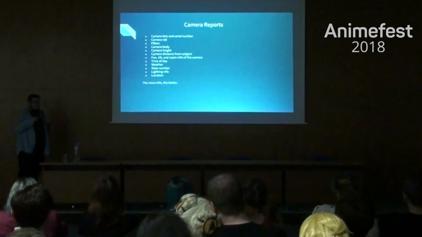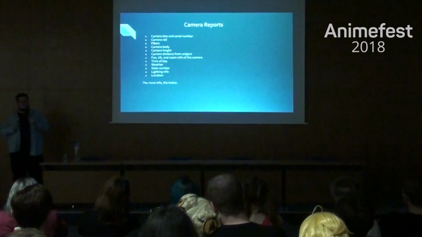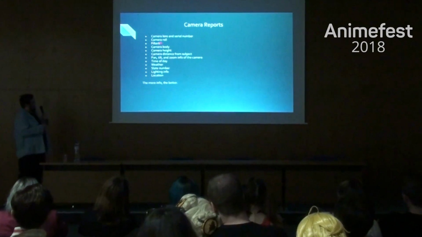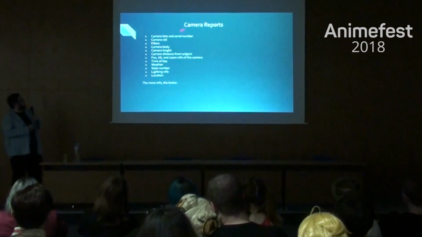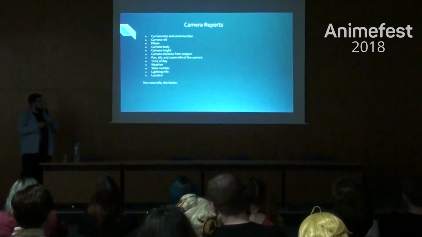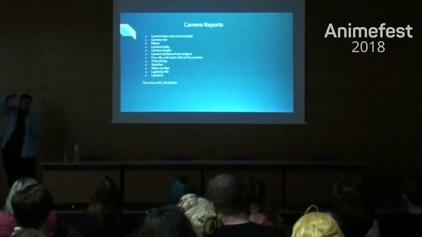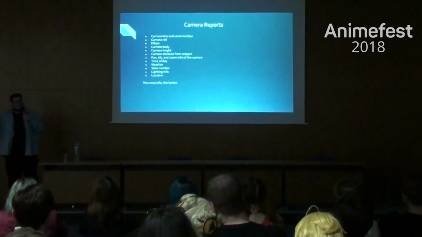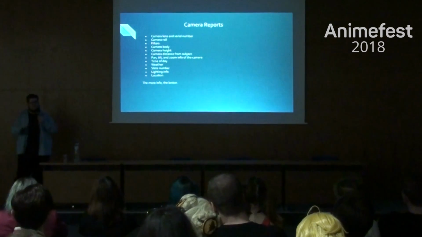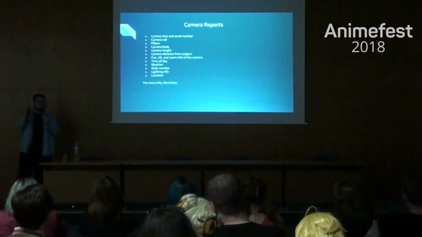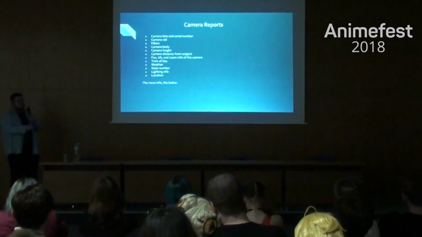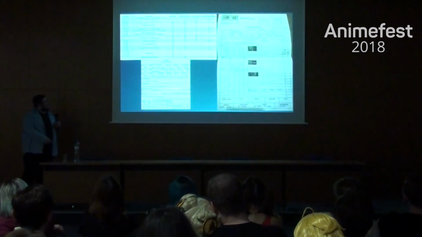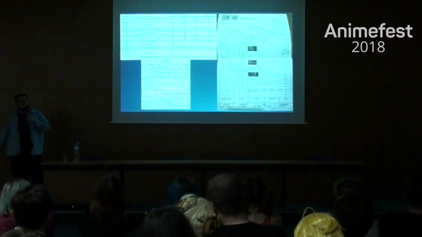For example, on the set you have a guy whose only job is to sit with a paper and write notes, like what camera lens was used, what kind of roll, what filter, what was the height of the camera, angle of the camera, weight of the camera, etc. He writes everything every time the director says action and then says cut. That's his only job. But if he screws up, we screw up.